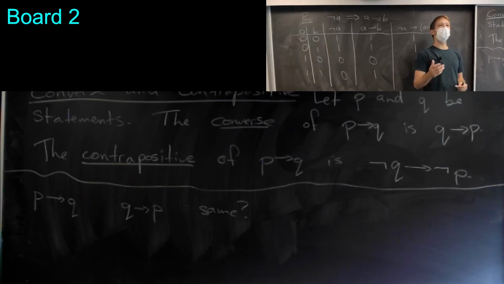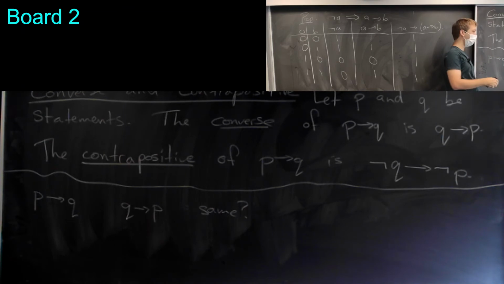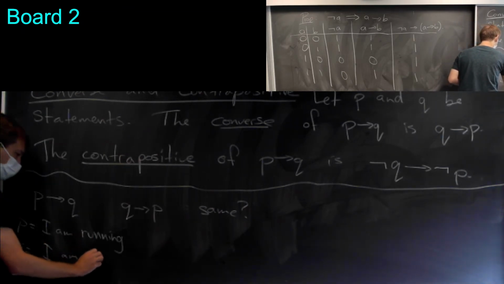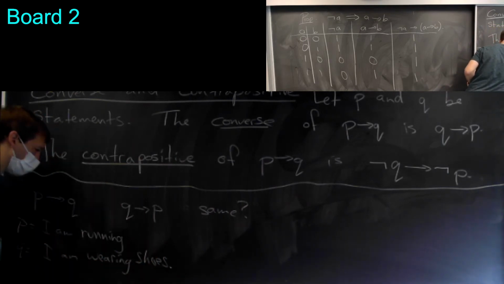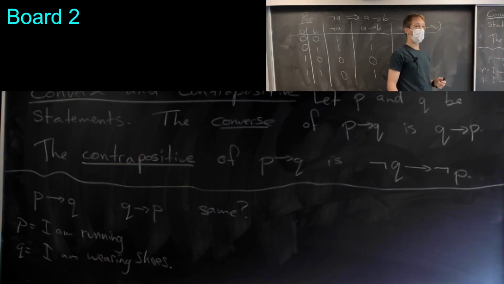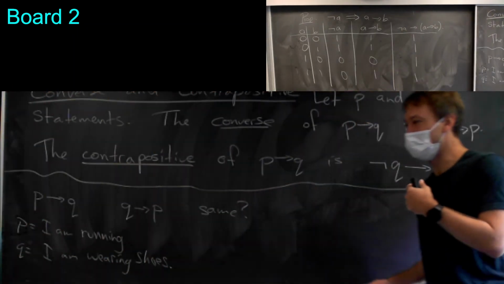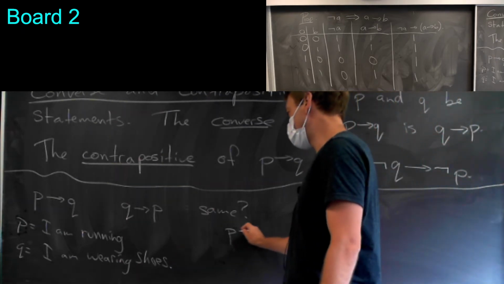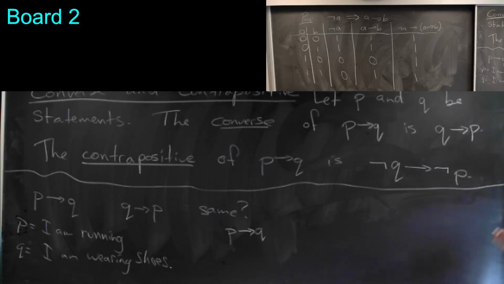So did everyone hear that? Let's say the statement P is I'm running. Q is I am wearing shoes. Although I think a lot of ultra marathon Kenyan runners run with no shoes, I don't run with no shoes, and I guess you don't either. So it is true that P implies Q. If you're running, you're wearing shoes.